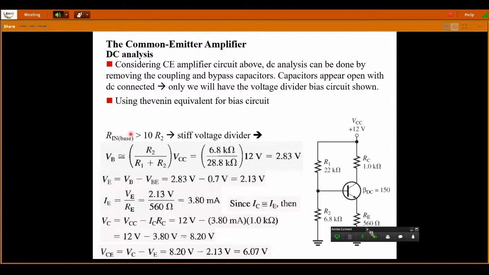You have to choose the values carefully. This is the design part of the CE amplifier. The most important thing is that the base input resistance of the transistor must be greater than 10 times R2, where R2 is one of the resistors in the potential divider network.